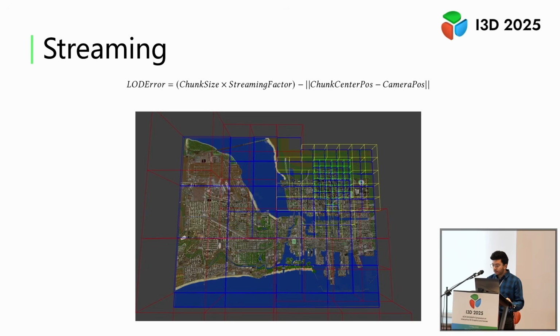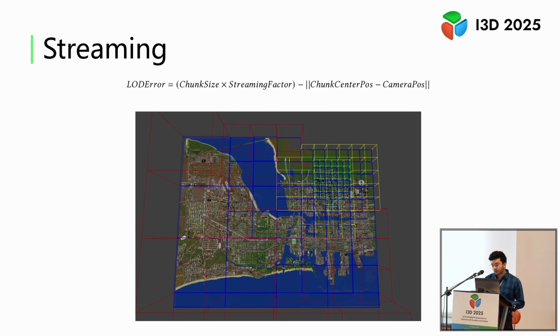If it does not, we continue the recursion downwards. If the current node does contain LOD chunks, we use an error formula to determine whether the current LOD can satisfy the visualization quality requirements. If the LOD error is greater than 0, further subdivision is necessary. If the LOD error is less than 0, the chunk is marked as needing to be loaded.